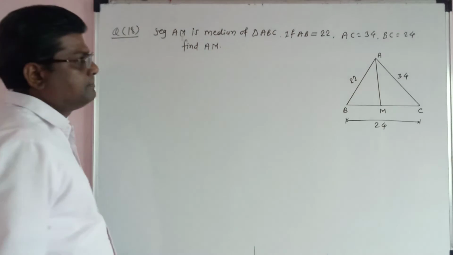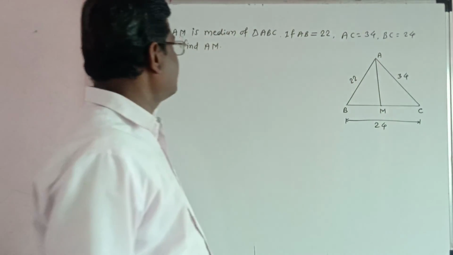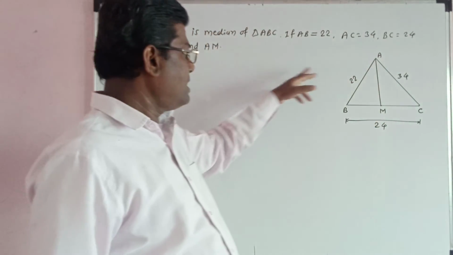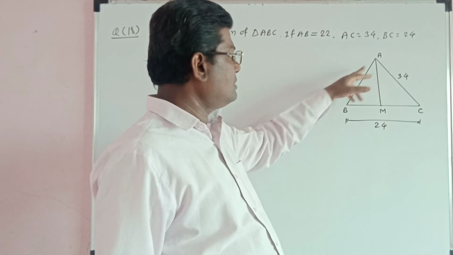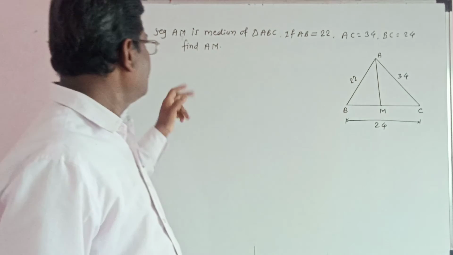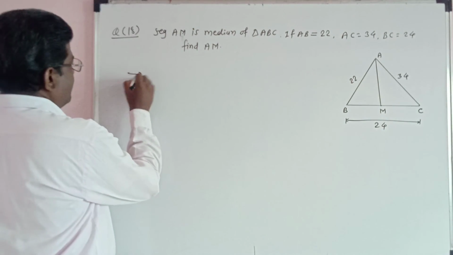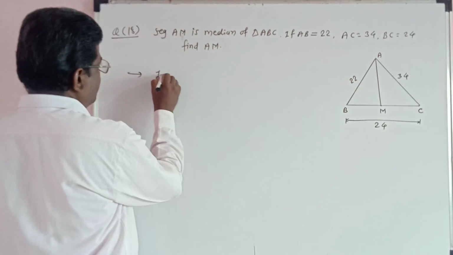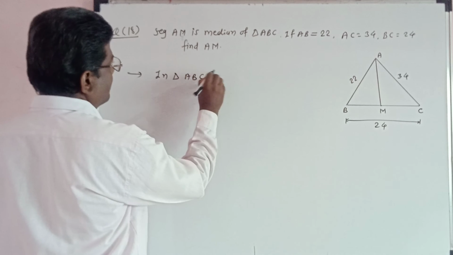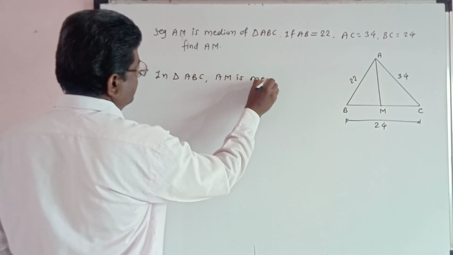Example number 18. Segment AM is the median of triangle ABC. If AB is equal to 22, AC is equal to 34, BC is equal to 24. Find AM. Now let's solve this example. In triangle ABC, AM is a median.